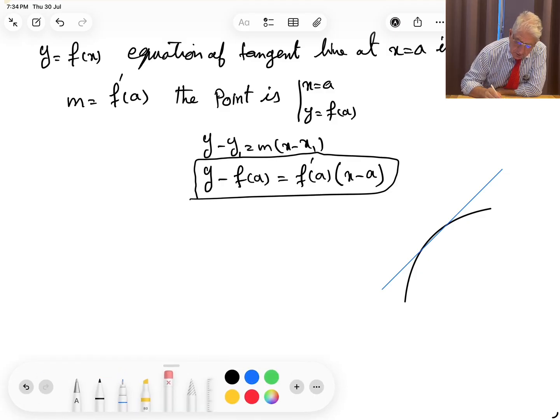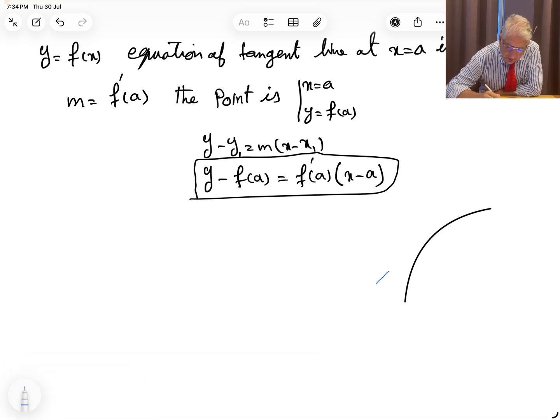Not accurate actually. I will try once more. Okay, this is the tangent line.